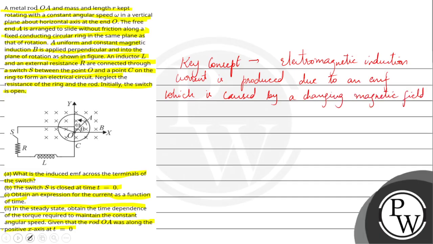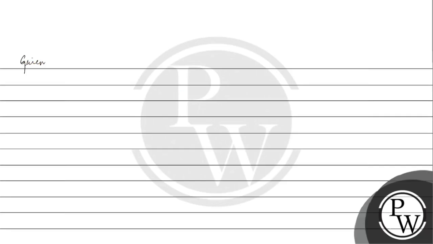So given, the length of the rod is R and the constant angular velocity is omega. तो इसको सॉल्व करने के लिए हम ये एक डायग्राम लेंगे.